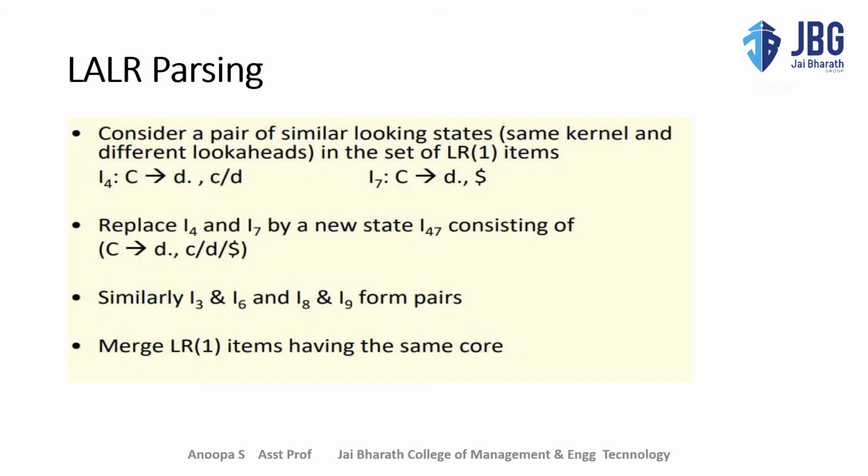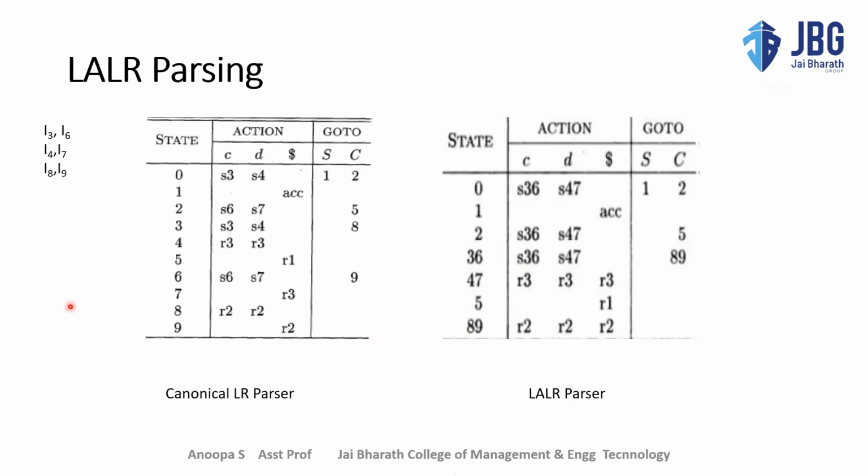This is our canonical LR parser that we constructed in the previous tutorial. From this, how can I get the LALR parser? See, I am going to merge I3 and I6 into a single state. We know that shift represents a state and reduce represents a production.